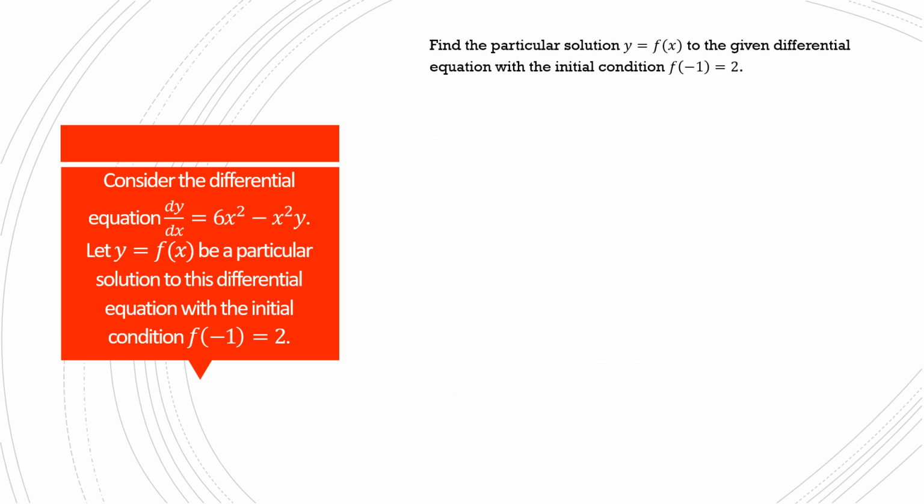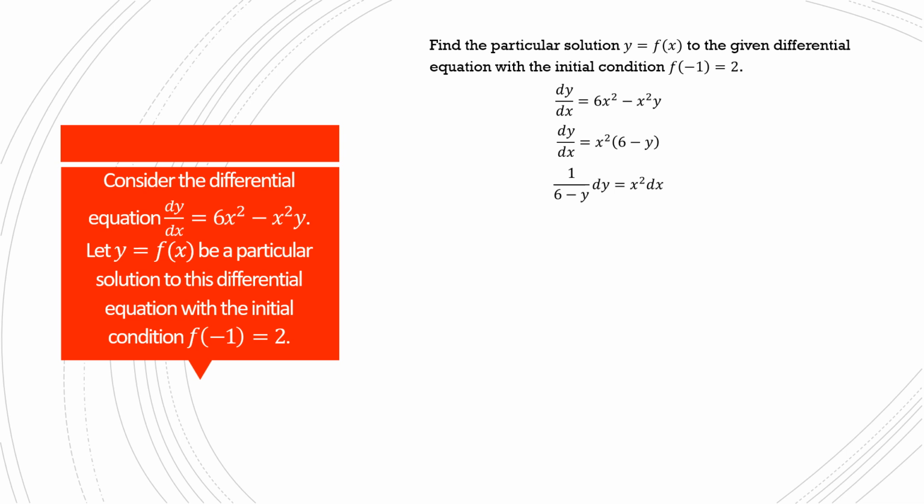All right, the next question says find the particular solution y to the differential equation with the initial condition f of -1 equals 2. So again, just like I was talking about when we did the differential equations keeper, a lot of times Taylor series and differential equations can go together. So I'm going to start with my differential equation. I'm going to go ahead and factor out the x squared so that I can separate this a little bit nicely.